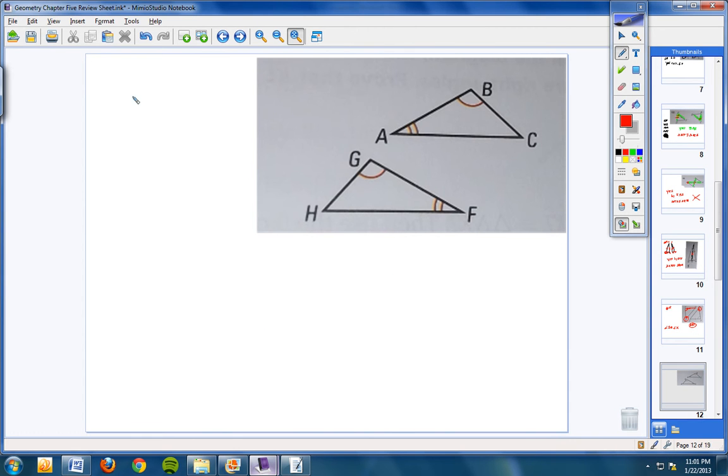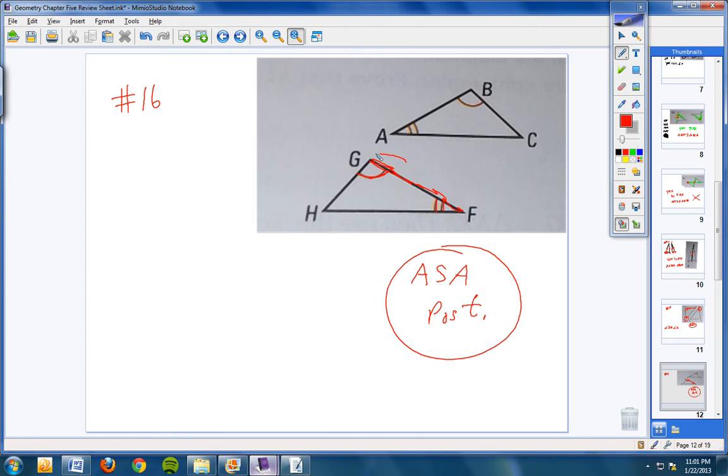Alright, let's go on to number 16. Now I accidentally cut this out of the book, but number 16 says they want you to use the angle, side, angle postulate. So let's see what we're missing here on our congruency marks to make this possible. Angle, side, angle. Well, it's got to be this side right here, does it not? Look, here's your angle, and then you want a side, and then an angle.